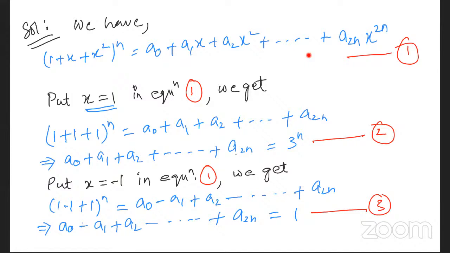So if we have to put x equal to omega, it will become 1 plus omega square whole to the power of n is equals to a0 plus a1 omega plus a2 omega square plus so on a2n omega to the power of 2n. We shall simplify further.